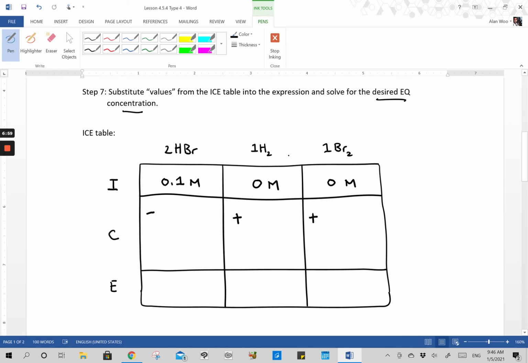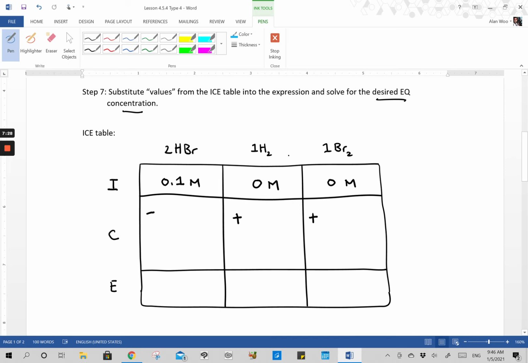When you start off with 0 and you're going to make more at equilibrium, these have to be a positive change because you have to create more of them. But again, we don't have any equilibrium concentrations, and because we don't have any at the bottom here, we can't work backwards to figure out what to fill in.